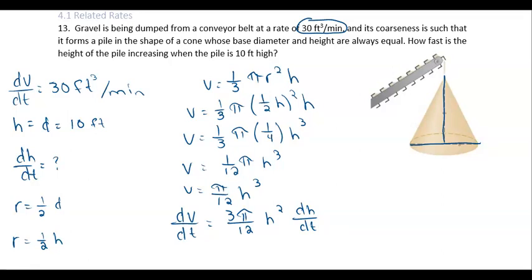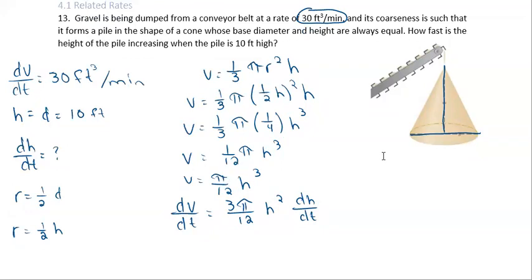So then we need to fill in all of our values, the information that we have, so we can finish solving for what we want. What we want in this case is dh/dt. So I need to fill in h and dV/dt. Thankfully, I have that information. dV/dt we're told is 30.